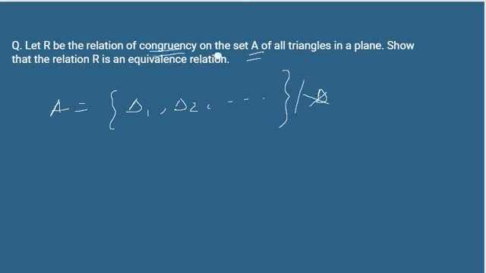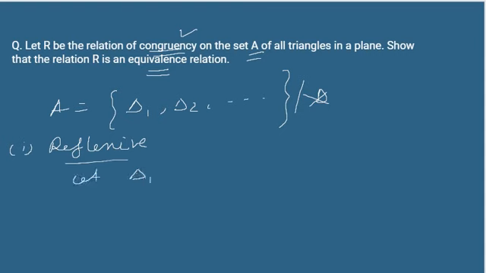What is the relation? Congruency is the relation, isn't it? Now, we have to show that the relation congruency is an equivalence relation. So how will you prove a relation is equivalence? We have to prove that it is reflexive, symmetric, and transitive. So first one is reflexive. This is the property that you have to check. So how will you write?